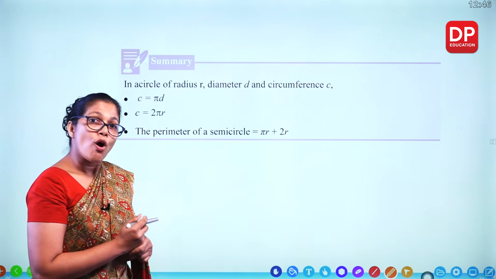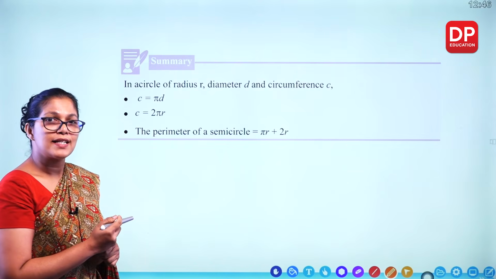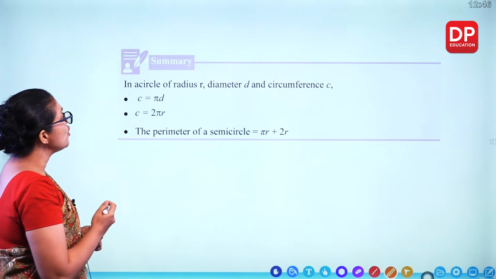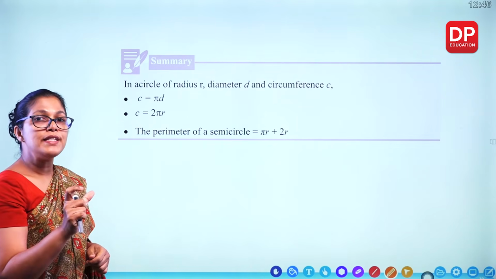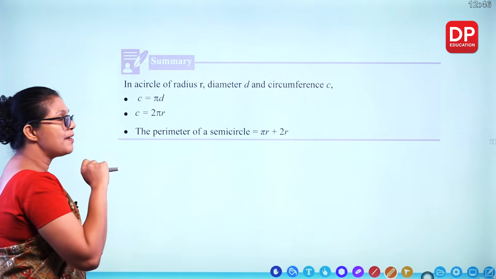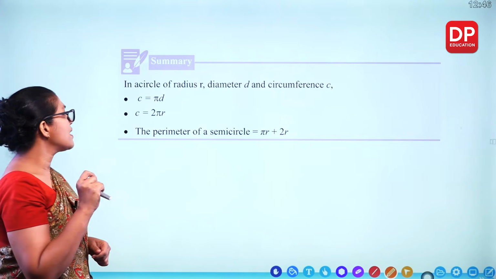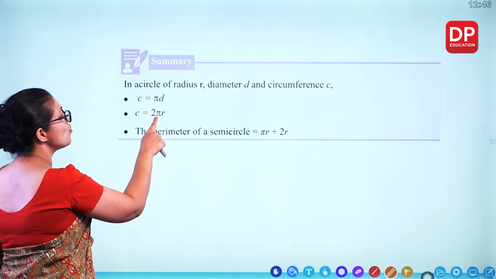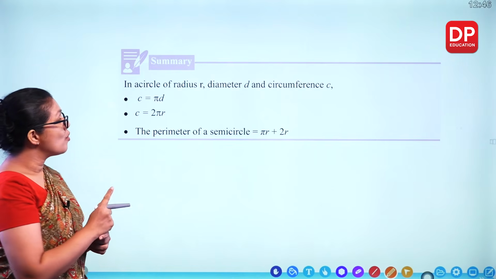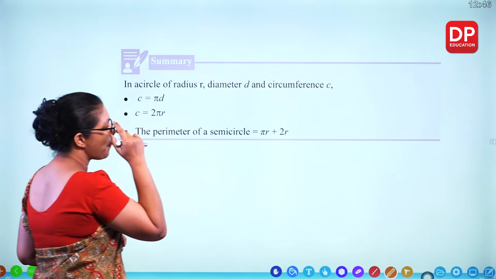So we covered all theory related to circumference of a circle. So what's the formula we used? When we know the diameter, that's C equals pi d. And when we know the radius, what's the circumference? That's 2 pi r. So what's the perimeter of a semicircle?